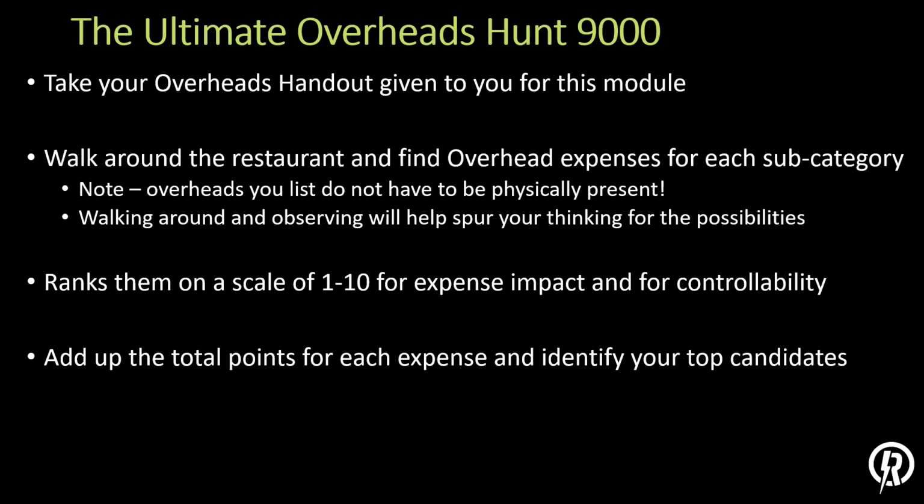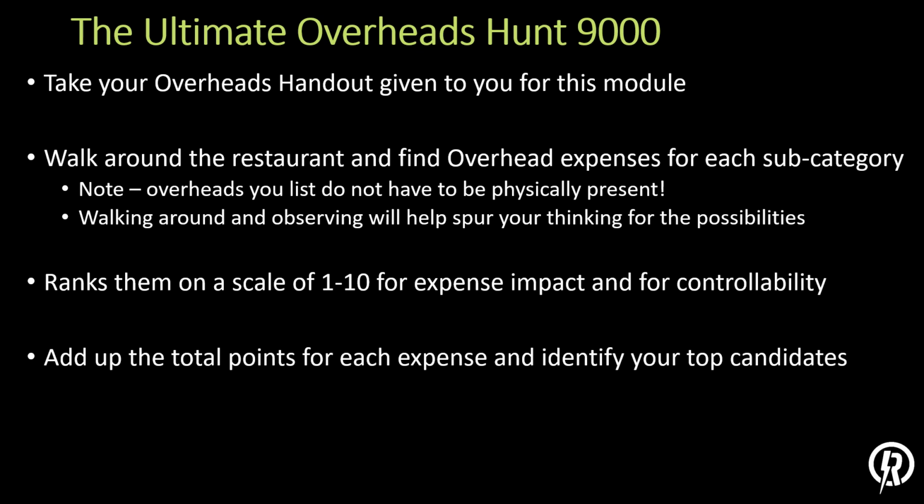So then at the end, I want you to add up total points for each expense and identify your top candidates. So if we were to start working on improving our overhead performance, where would we go? What would we do? This sort of math exercise, rating exercise, should help you identify where you think our biggest opportunities are for improvements. And oh, by the way, guess what? This is what it means and what it looks like to be operating in an open book restaurant. You're now empowered. We want your ideas.